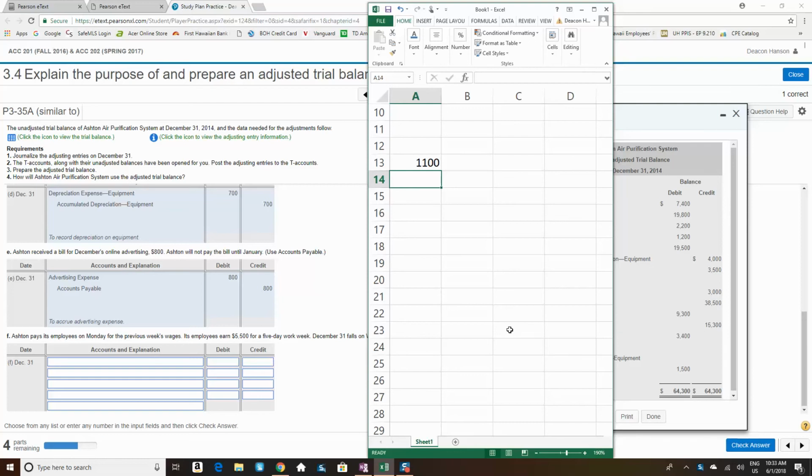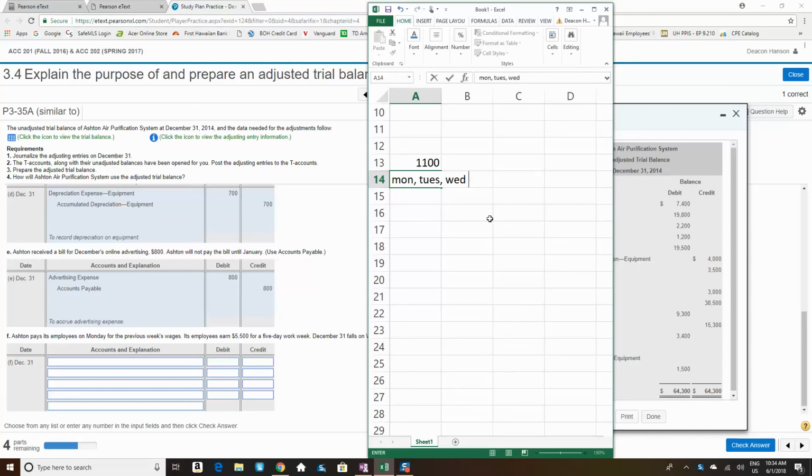So they're paying for the last 5 days on a Monday. It sounds like they're paying weekly. Now, December 31st falls on a Wednesday. That means that they haven't been paid for 3 days, right? Monday, Tuesday, and Wednesday, end of business Wednesday, December 31st.